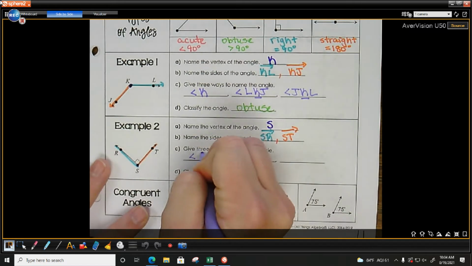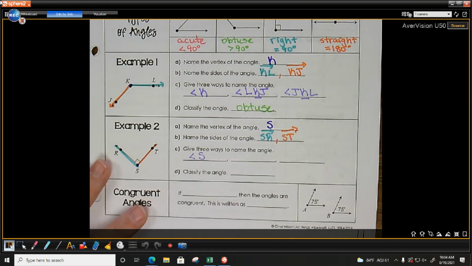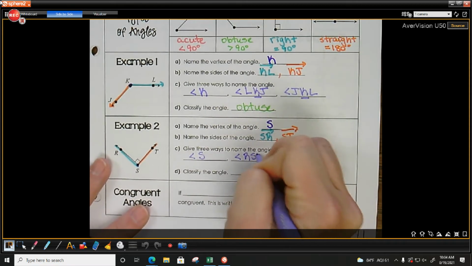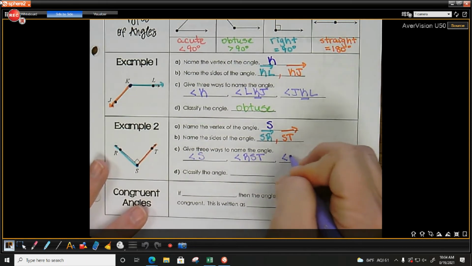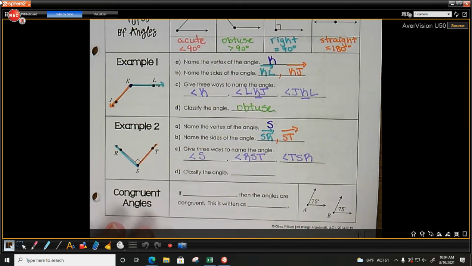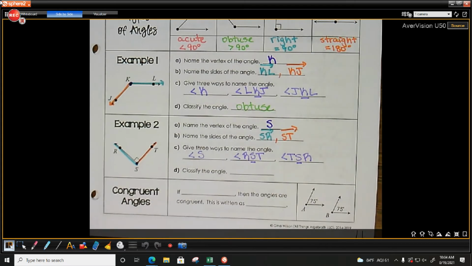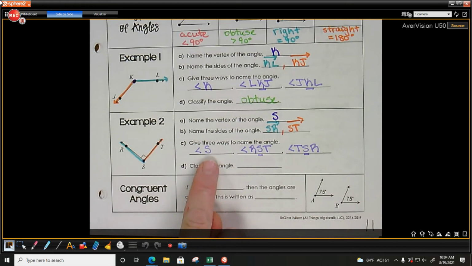Angle S. Angle RST. And Angle TSR. Again, notice the middle letter of our 3-lettered angles is S, which is where the vertex is for my angle.